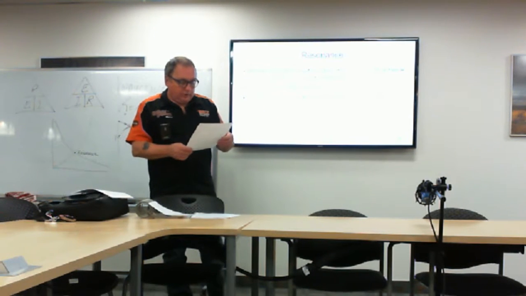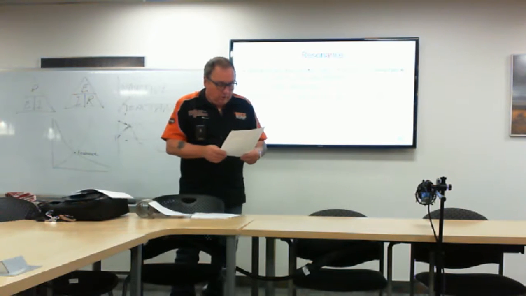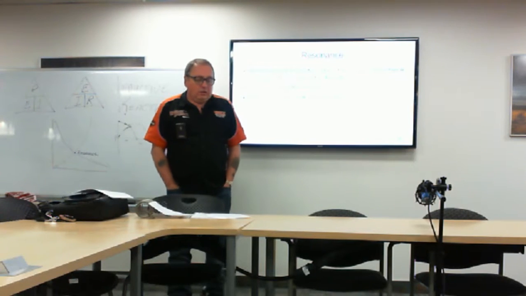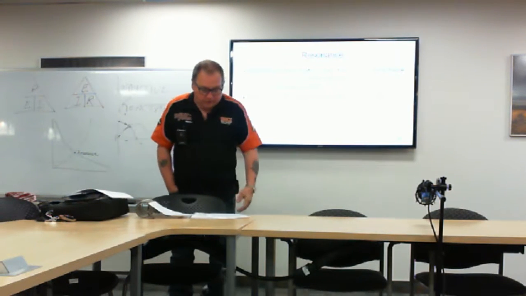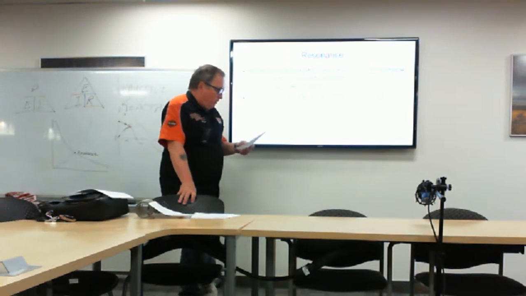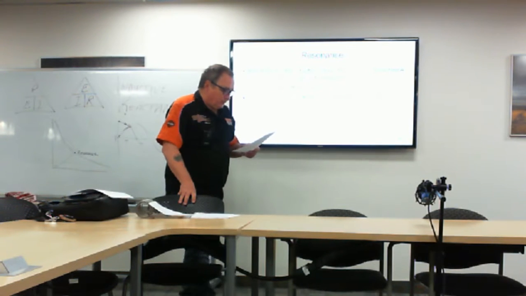There's a parallel resonant circuit. And then, in order to talk about resonant circuits, you've got to talk about Q. Q is just what it says. It's quality. In a resonant circuit, energy is stored alternately in the electric field of the capacitor and the magnetic field of the inductor.